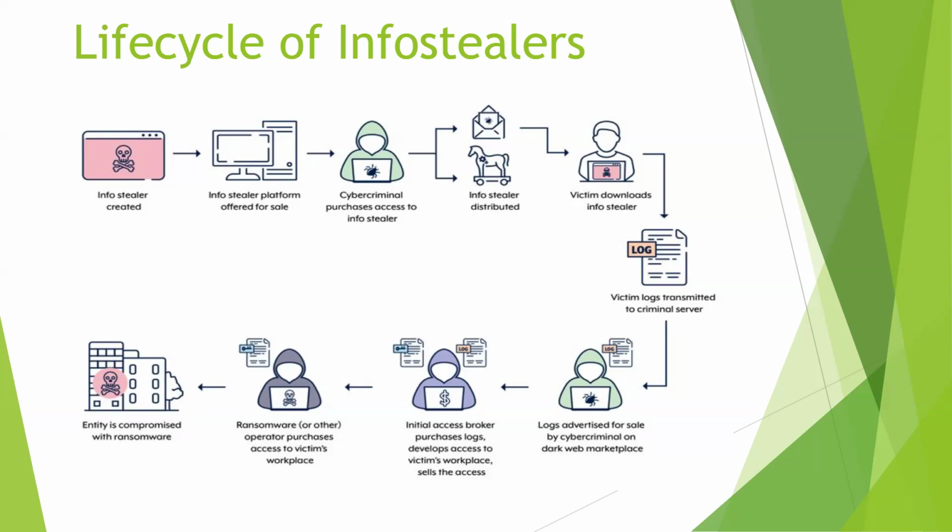And that's why you can see in this particular image, I added this icon where a company has been compromised with ransomware. So that is the life cycle of how infostealers operate.